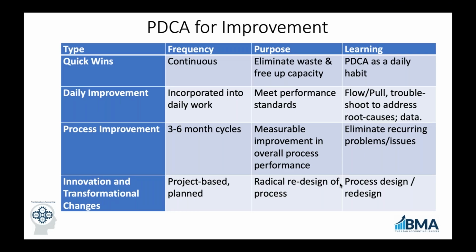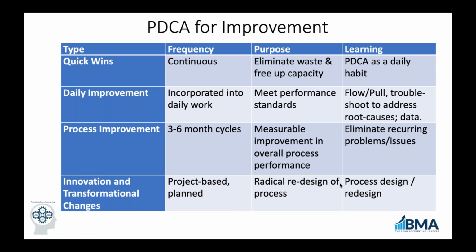Now we're going to shift. We're going to talk about using PDCA for improvement activities. It's important for lean accounting to create some kind of framework or structure for your improvement activities.